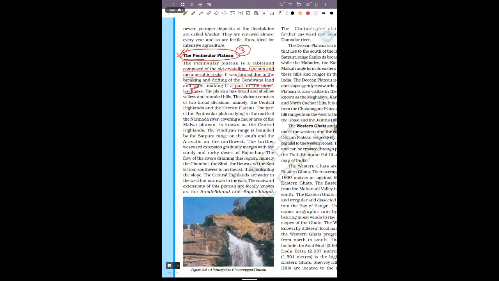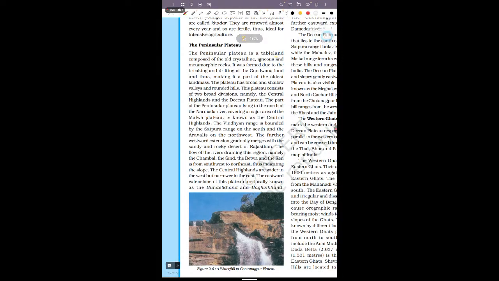We have understood how the Peninsular Plateau is formed from the Gondwana land. Next, here there is a plateau which has broad and shallow valleys and rounded hills. The two broad divisions are the Central Highland and the Deccan Plateau.